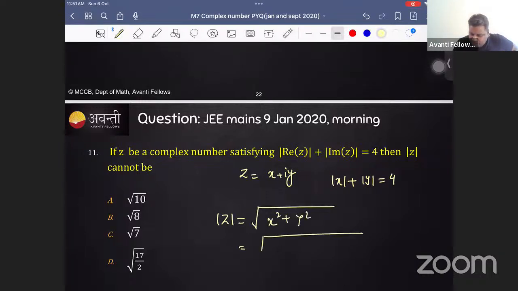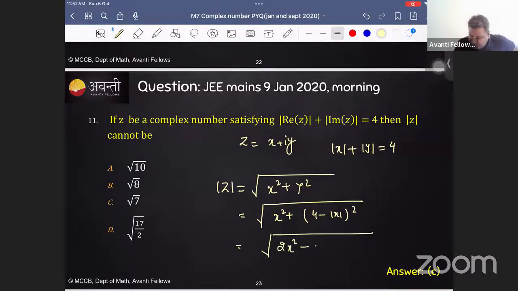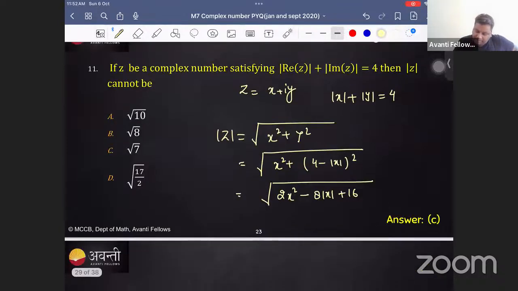I replace one of x or y here. So it is x square plus y square will be 4 minus mod x whole square. So it is 2x square minus 8 mod x plus 16.